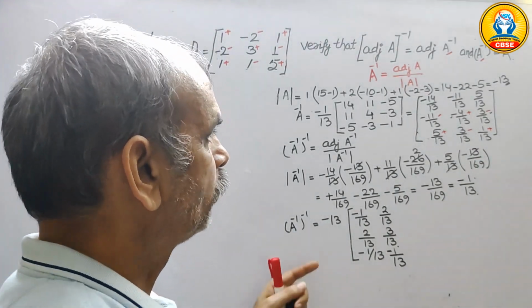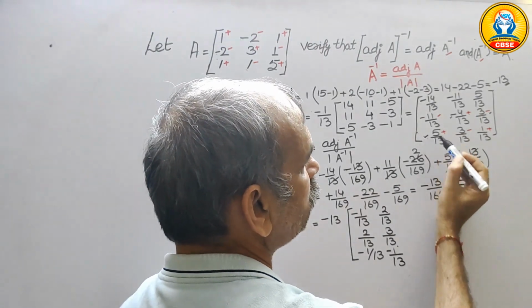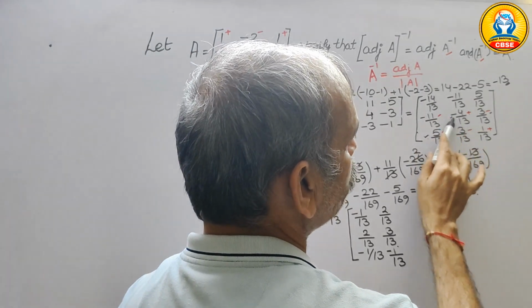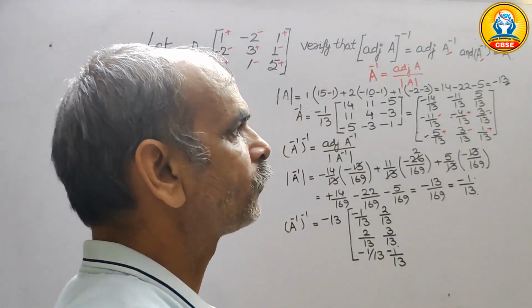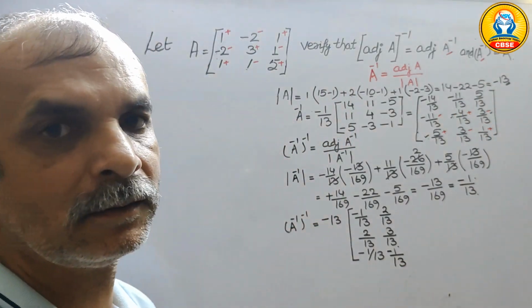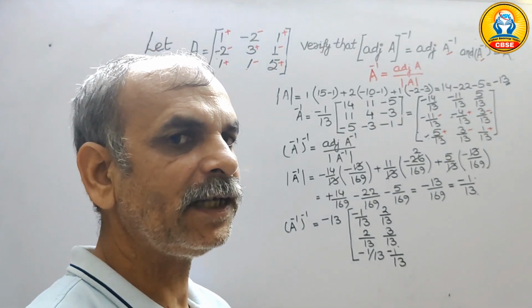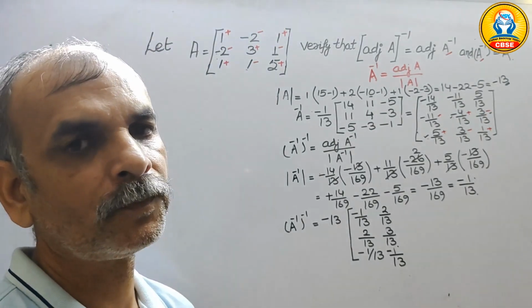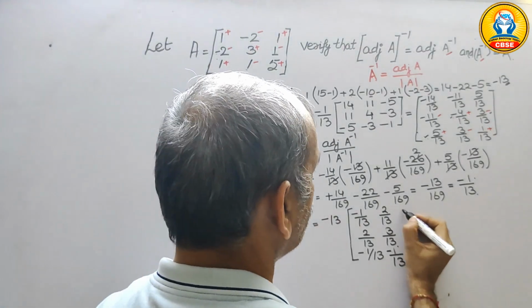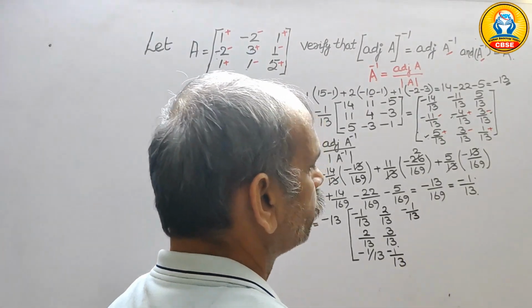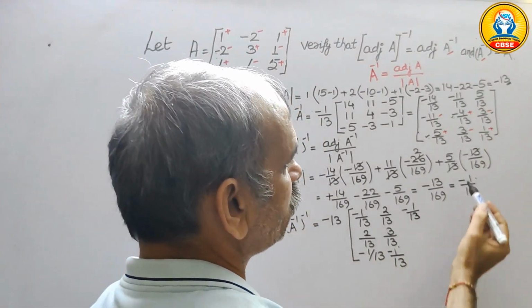Next comes this position. So this position is what? Minus 33 plus 20. We will get minus 13. Minus 13 by 169 is minus 1 by 13. Here we will get minus 1 by 13. Next is this position.